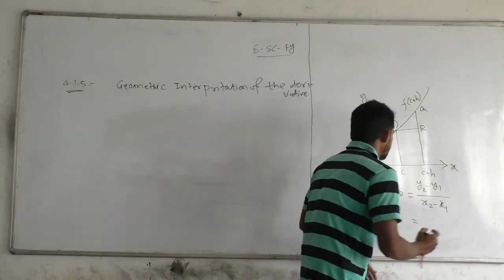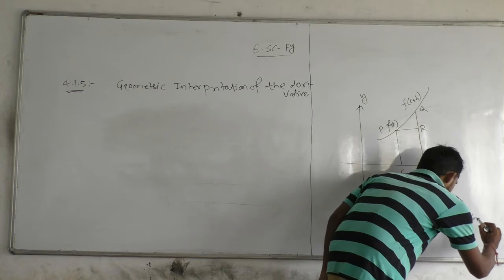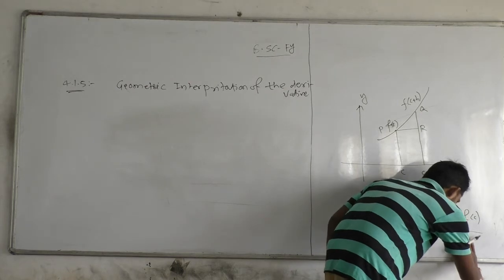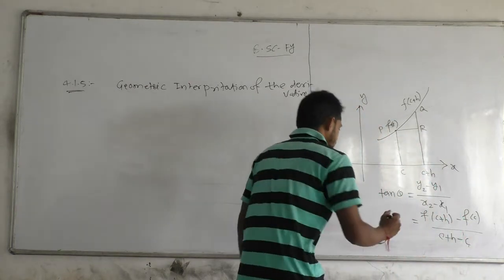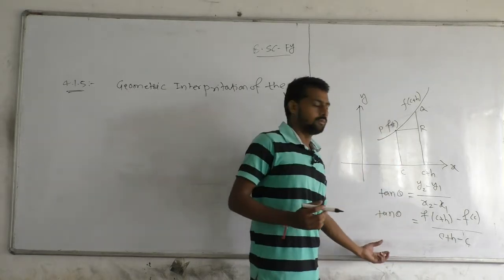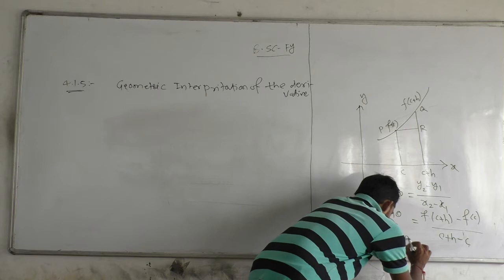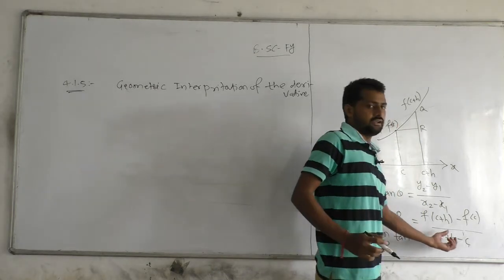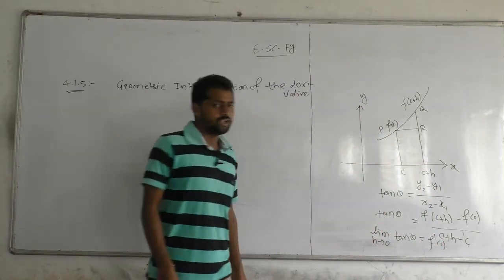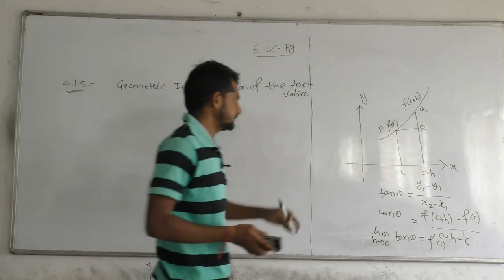So from this we can calculate: f of c plus h minus f of c, divided by c plus h minus c. So this is the slope tan theta. If we take the limit on both sides, then limit h tending to 0 of tan theta is equal to f dash at c. So f dash of c is nothing but the slope of the tangent at point c.